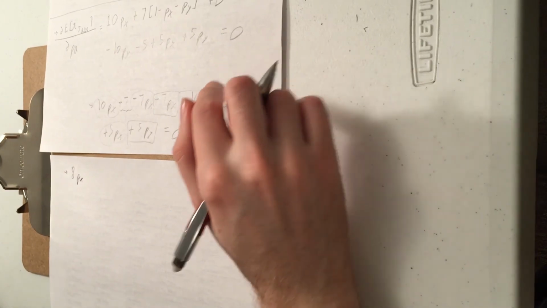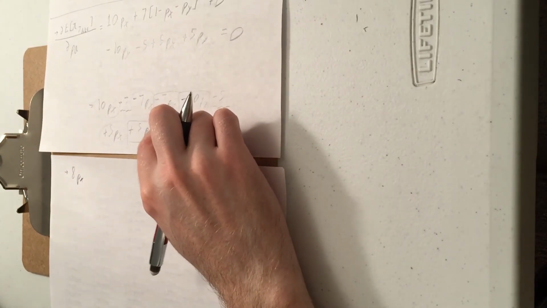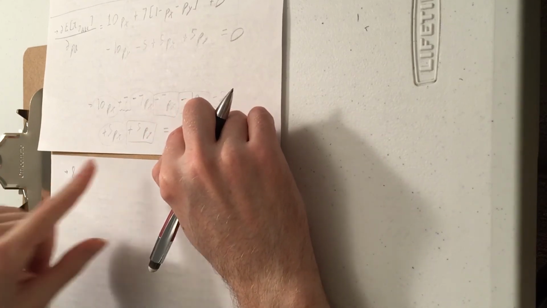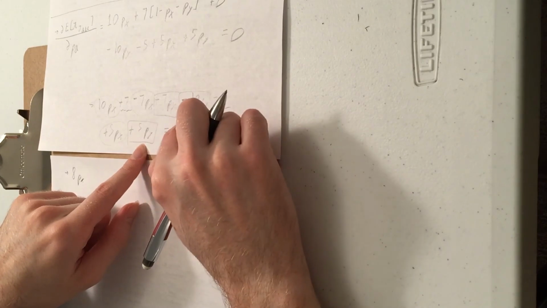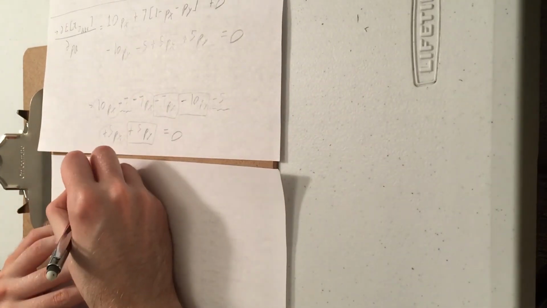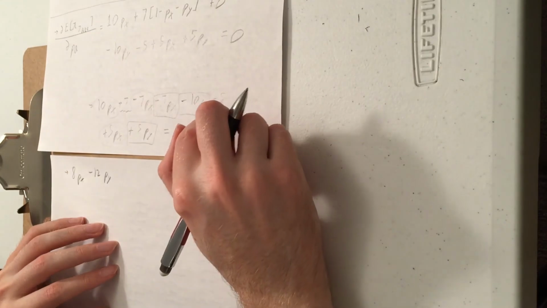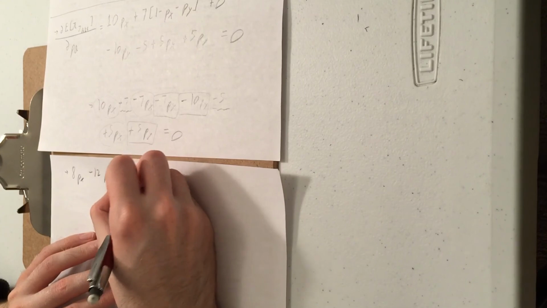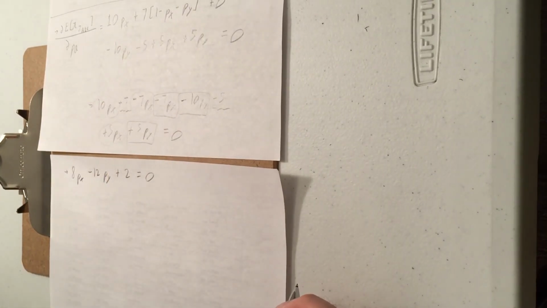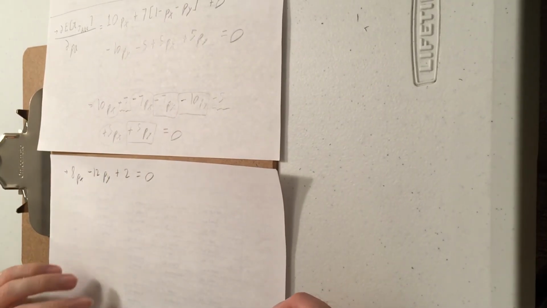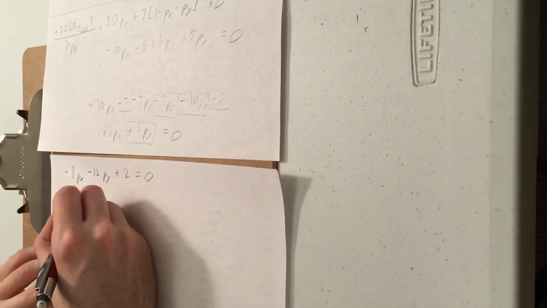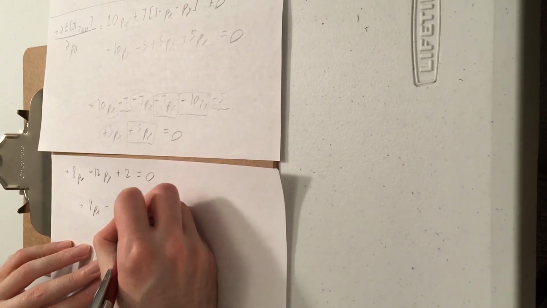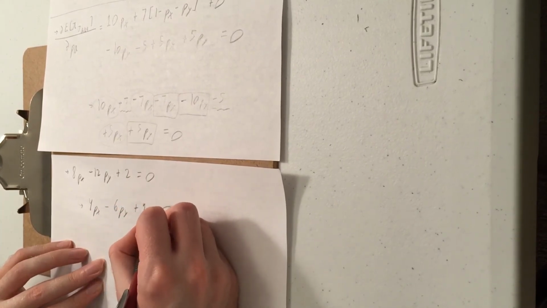What's going on with our Y's? Minus 7 PY minus 10 PY, so minus 17 PY, plus a 5 PY, so minus 17 plus 5 is minus 12. Plus 7 minus 5, that'll be plus 2. We can simplify further. These are all divisible by 2, so that becomes 4 PX minus 6 PY plus 1 equals 0.